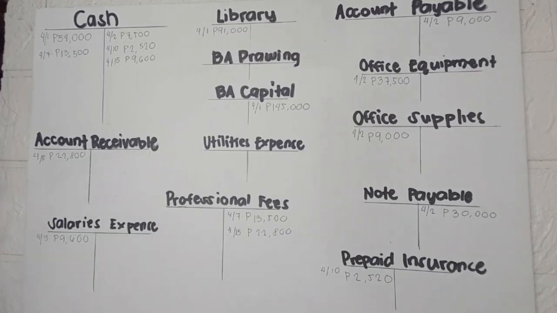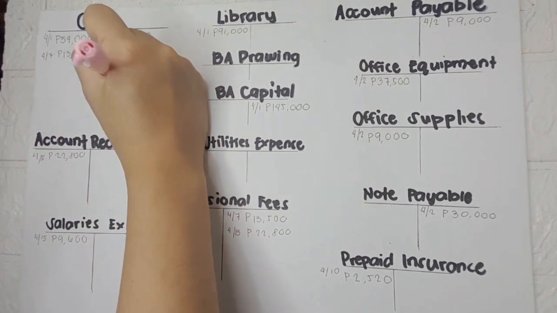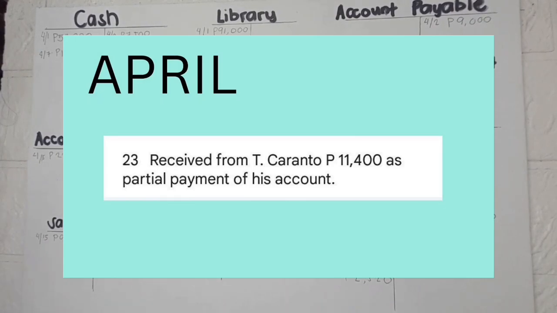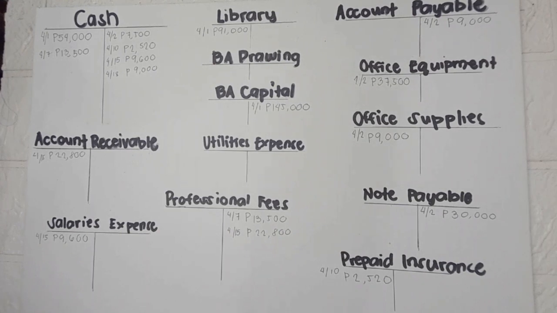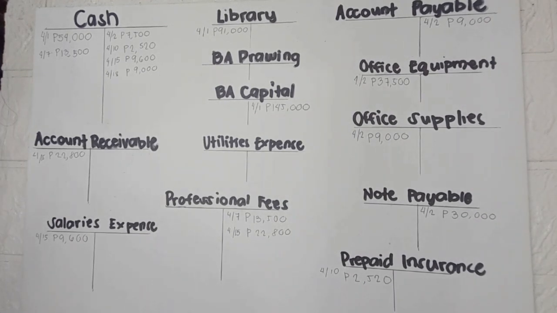So the Goodwill Bookstore is 9,000, so the account title will be cash and it is on the credit side. On April 23, received from T. Caranto 11,400 as partial payment of his account. So the account titles will be cash and professional fees. The 11,400 will be on the debit side. And the professional fees, the 11,400 will be on the credit side.